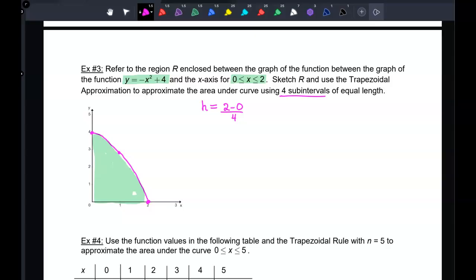It's going to be a half, because you do 2 minus 0. It's nice and evenly distributed, so I can do 1/2 over 2. Okay. H over 2.